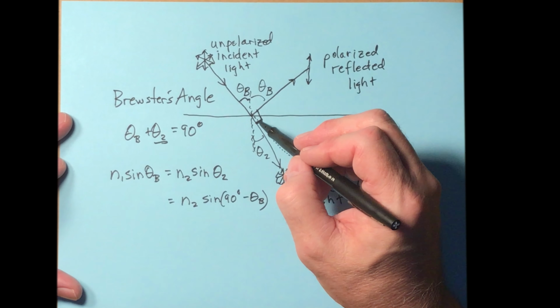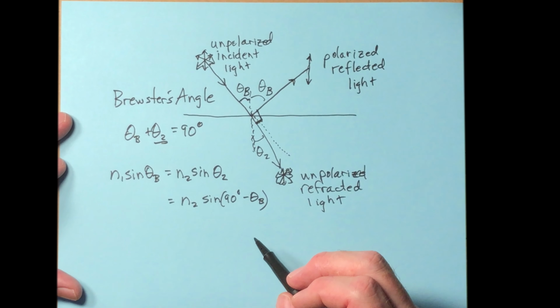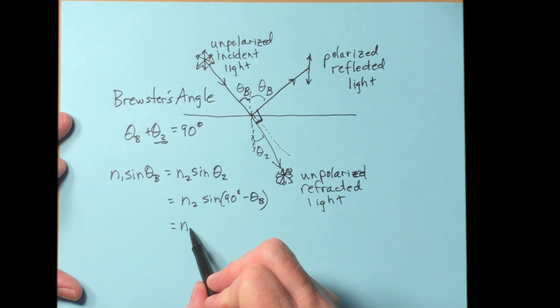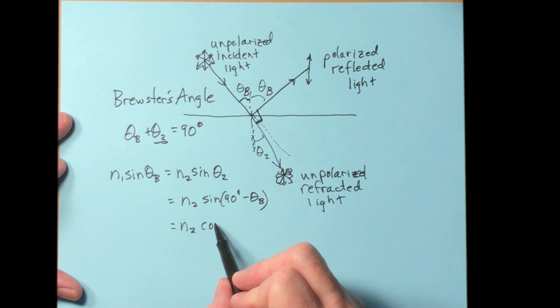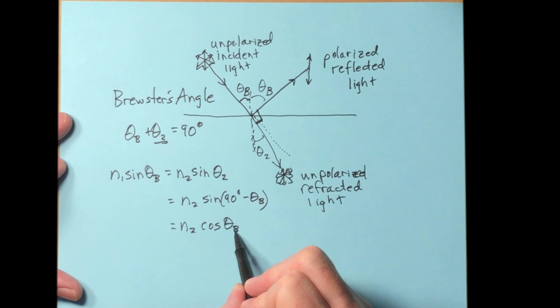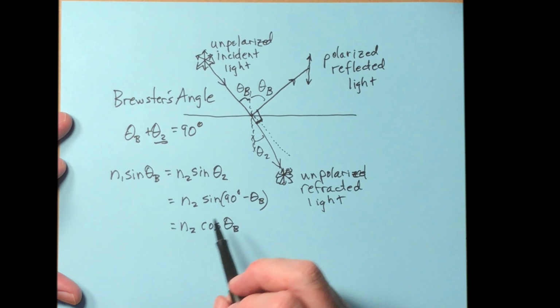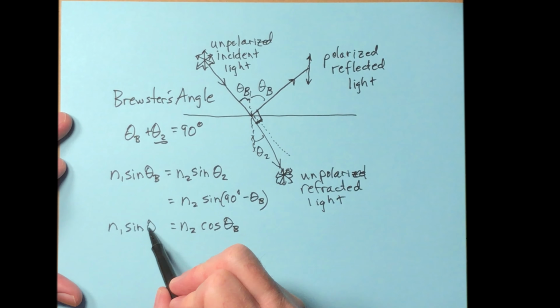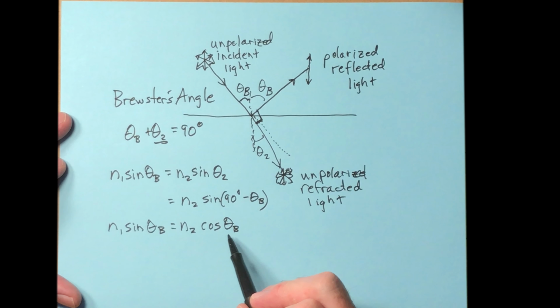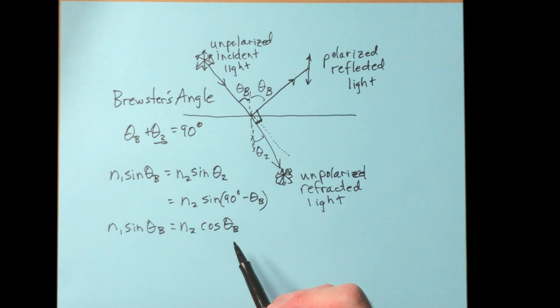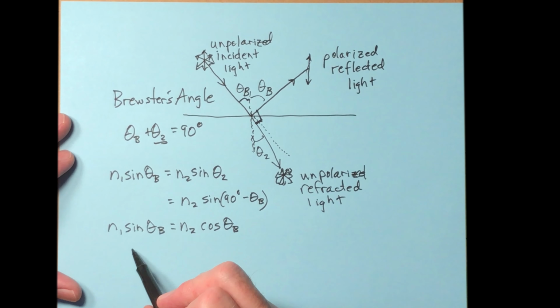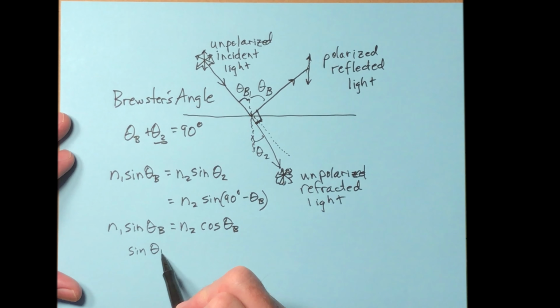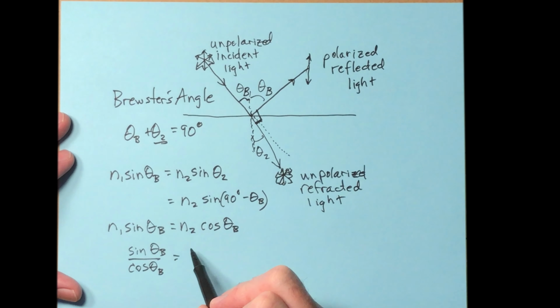But you can also see it here in the drawing. Then this is the same as N2 times the cosine of theta b. That's a trig identity there. So we have N1 sine of theta b is equal to N2 cosine of theta b. Now, if we take the sine and divide it by the cosine, then we have N2 over N1.